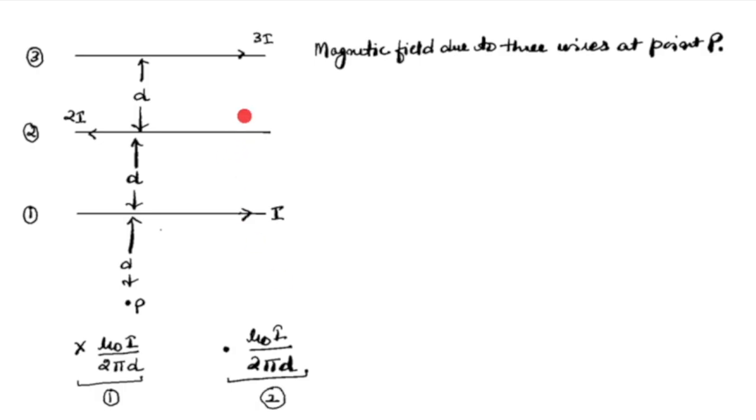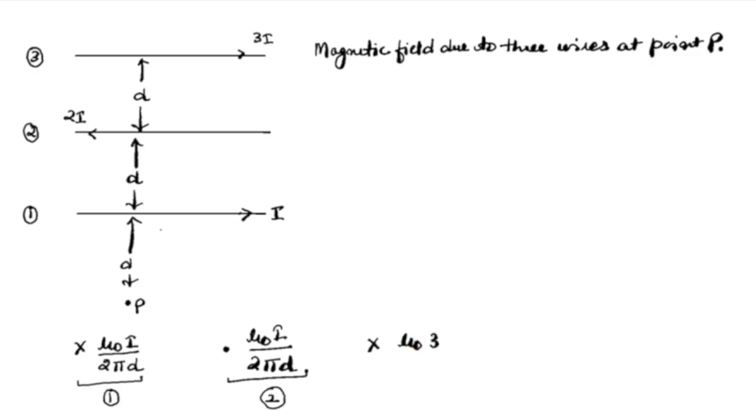Now let's see what the third wire does. It is on the right side, so your thumb will point to the right. If you grab this wire with your right hand thumb going in this direction, you will find the magnetic field at this point is going into the page. So that will be a cross again at this point. And what is the magnitude? We apply the formula mu naught into the current.